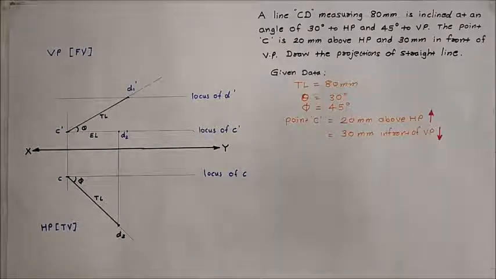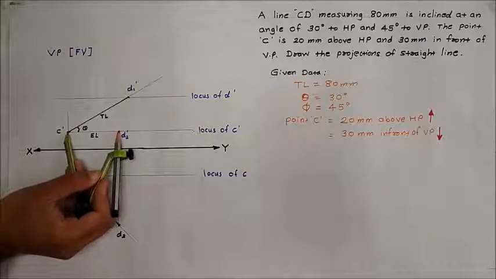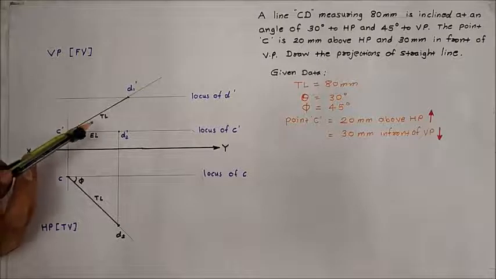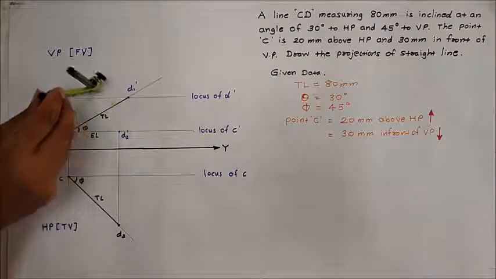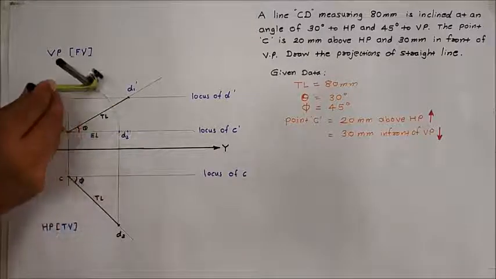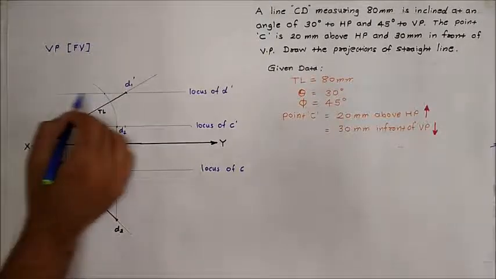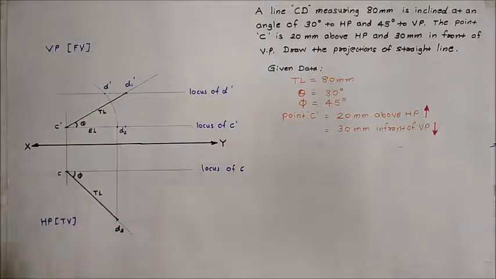After getting this elevation length, now we have to plot the front view of the line. For that, take the distance C dash to D2 dash in your compass. Keep your compass at C dash, and rotate this D2 dash point till it meets the locus of D dash, like this. Then give the nomenclature to the intersection point of the arc and locus of D dash as D dash.